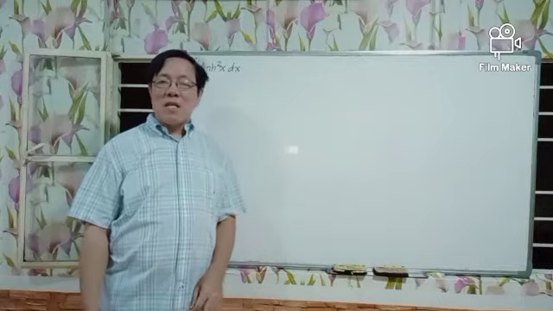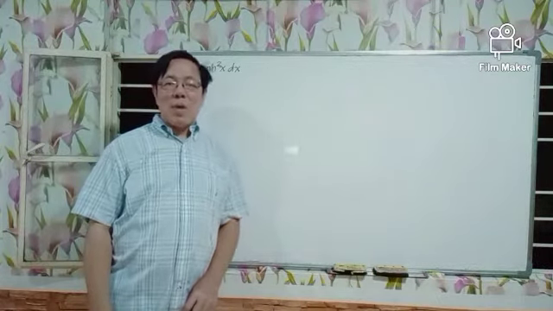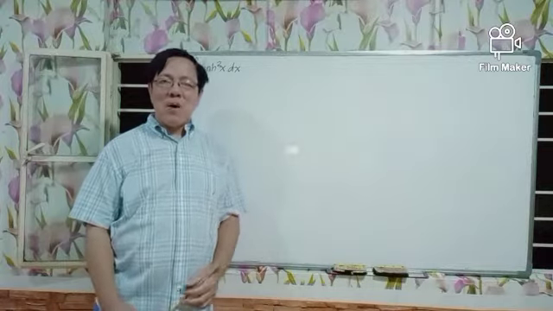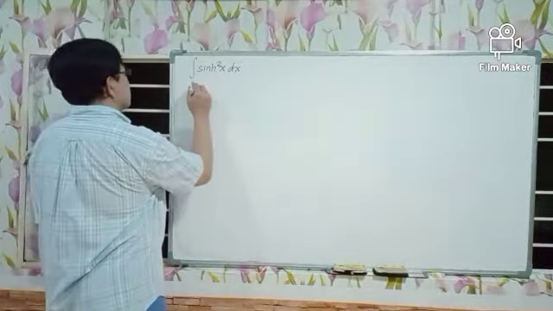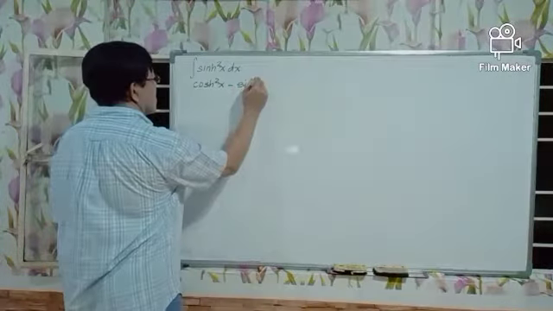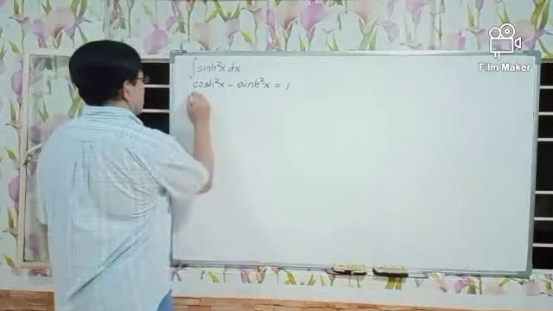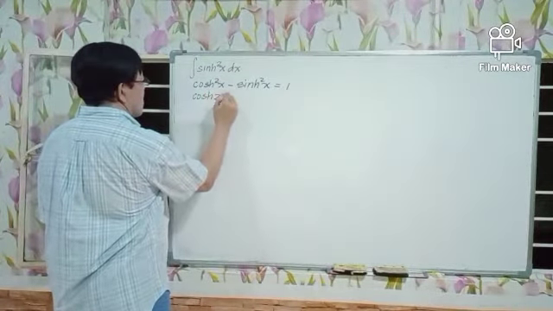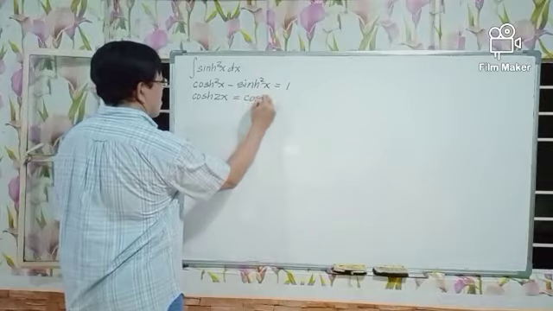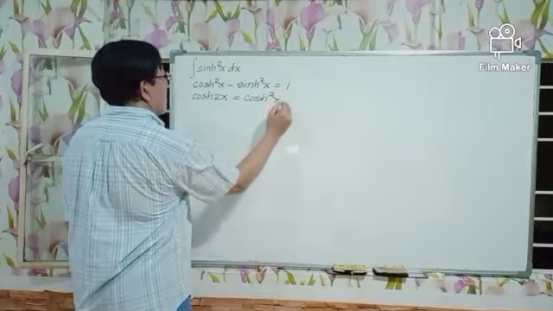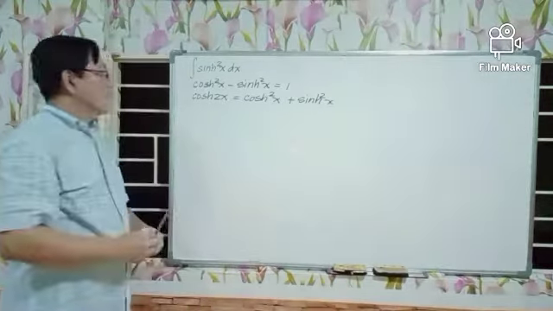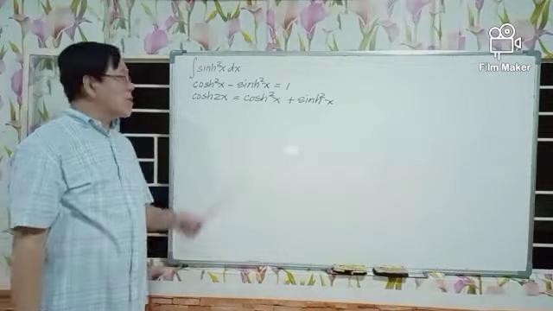And the identity for the hyperbolic cosine of twice an angle, which is equal to the sum of the square of hyperbolic cosine of x and the square of hyperbolic sine of x. These are the two identities that we will use to simplify the given integral.